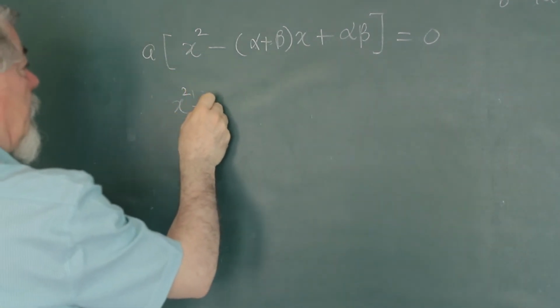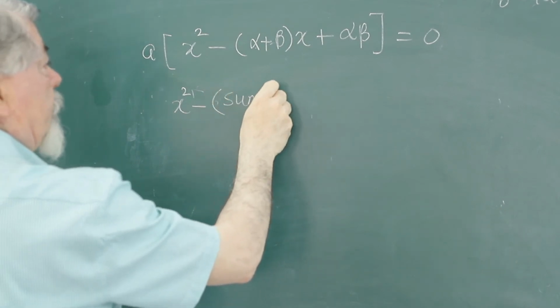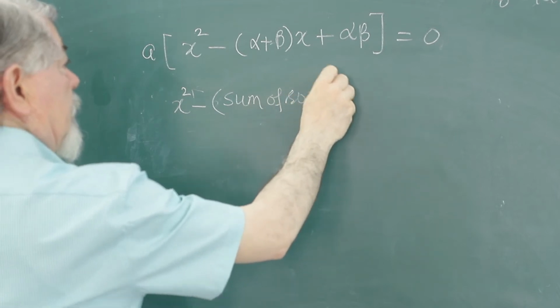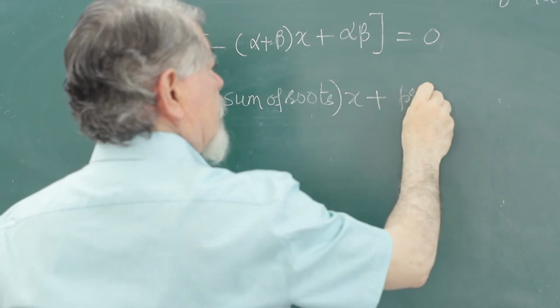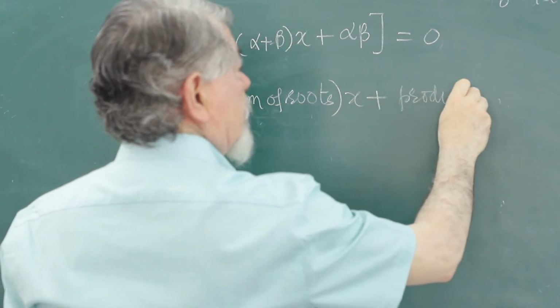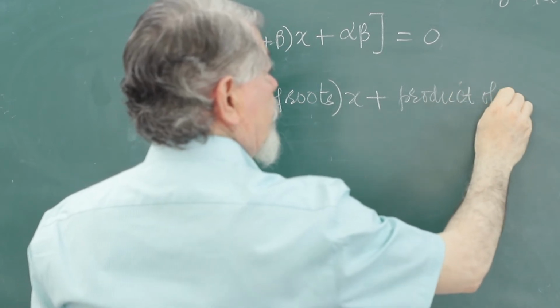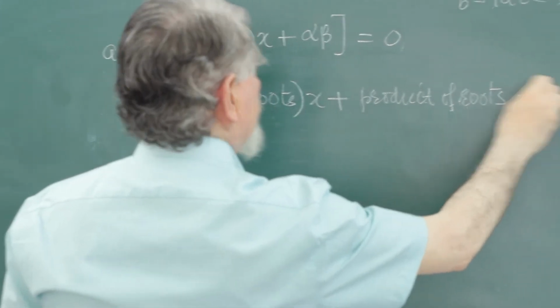x squared minus sum of roots into x plus product of roots equal to 0.